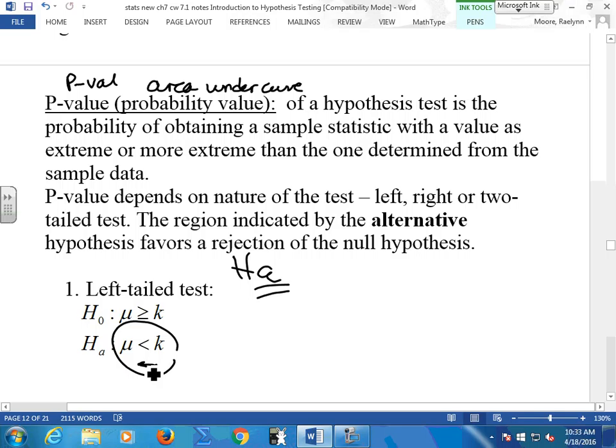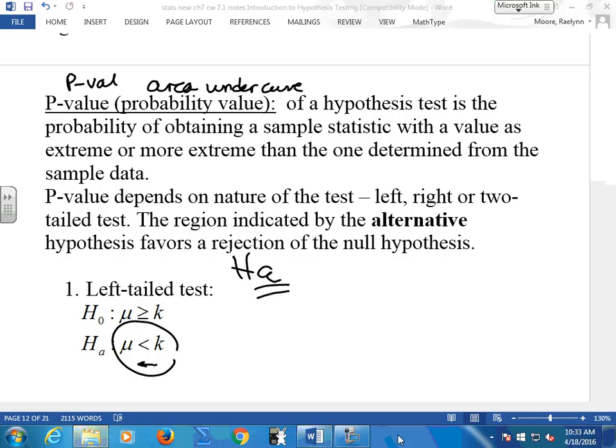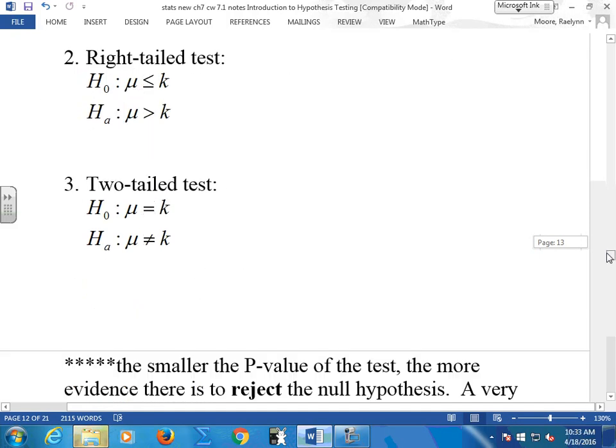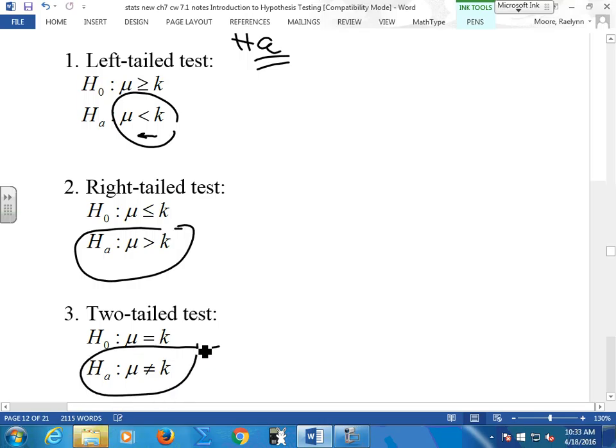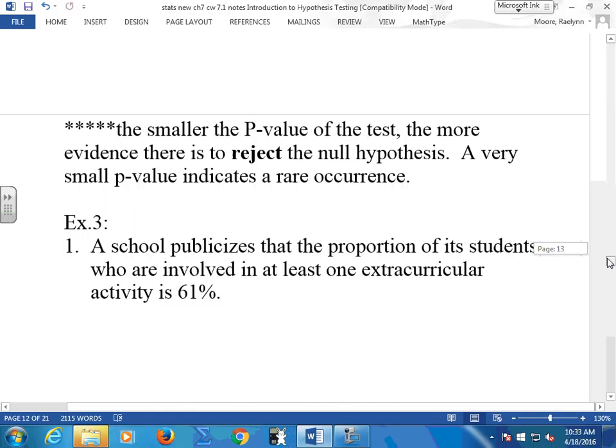Again, we're going to be doing this real soon, and it will make more sense. Your greater than is your right tail test, and your two tail test is your not equal to. So just know that that's coming.